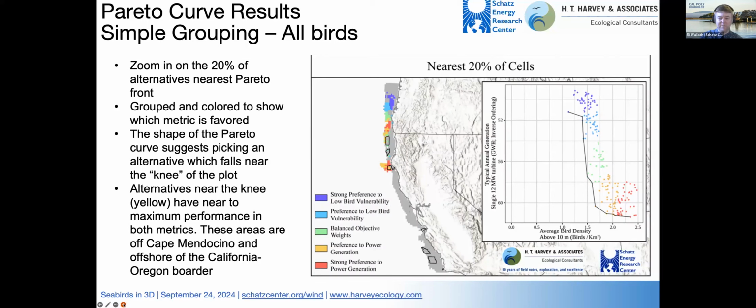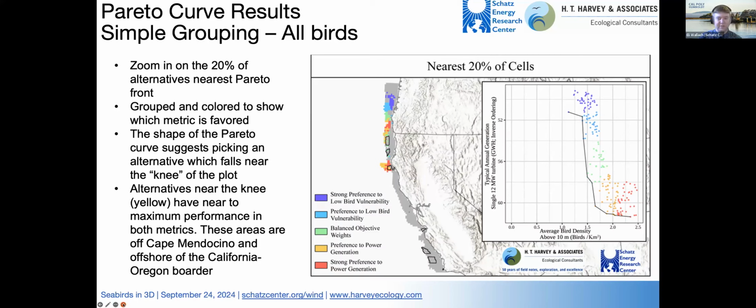Similarly, starting from the balanced objectives weight group and moving to alternatives which favor power generation, generation is not dramatically improved, but bird density does go up significantly. So this shape of Pareto curve would encourage choosing a solution near the elbow, shown in yellow here.